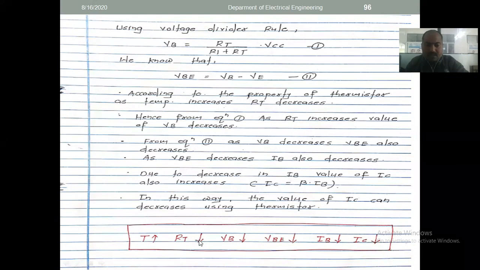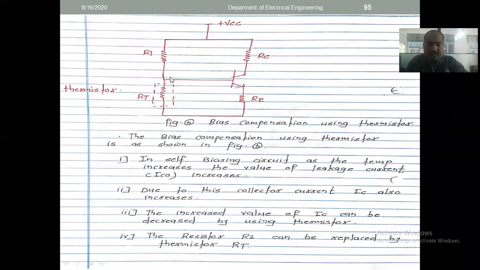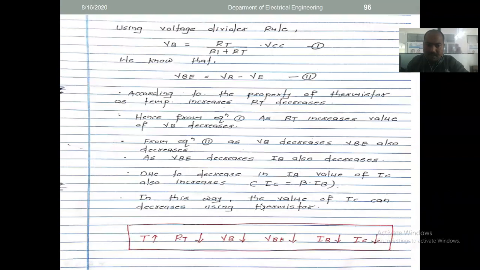So resistance decreases, which means that the voltage provided to the base also decreases. It is the base voltage that decreases, right?